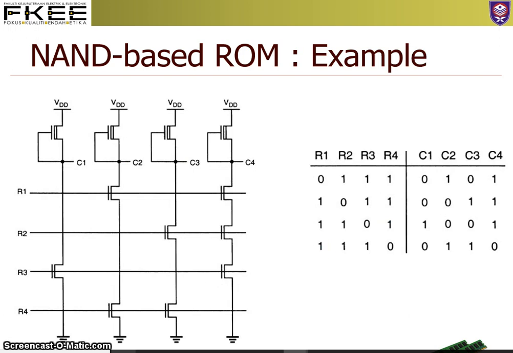If you look over here, for example, I take column 1, C1. There is no NMOS, it is logic 0. If there is NMOS, it is logic 1. No NMOS, it is a logic 0. This is the column line and this is the row line.